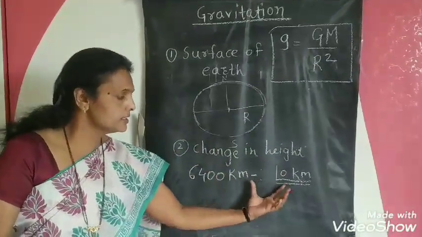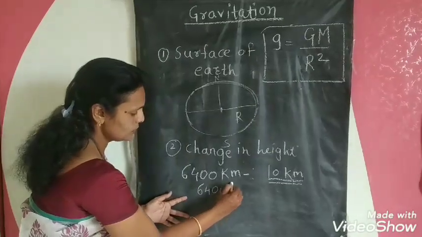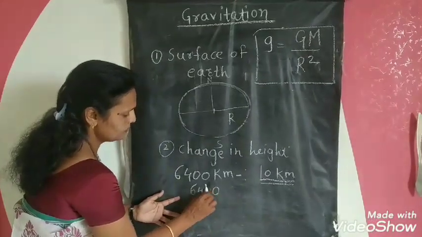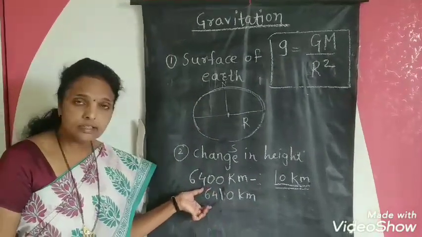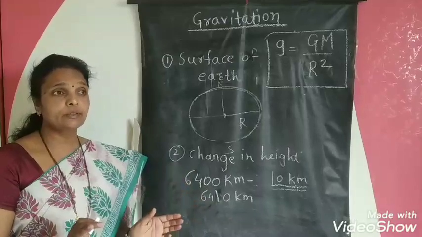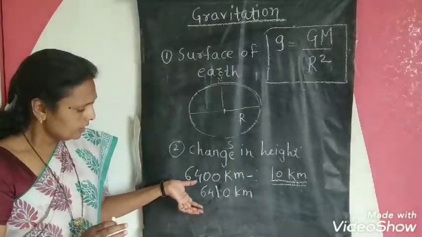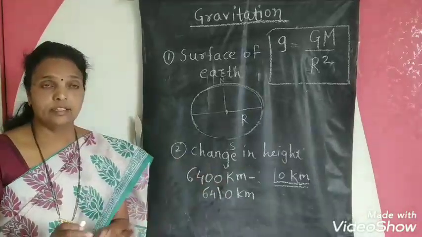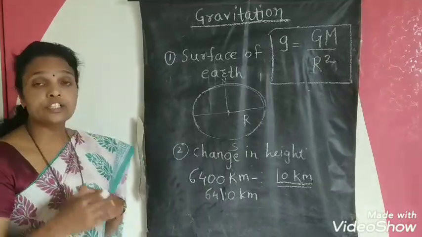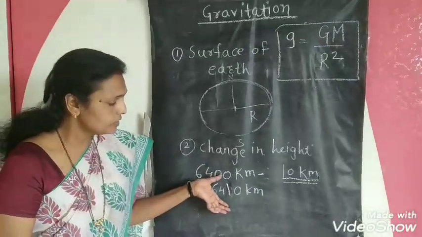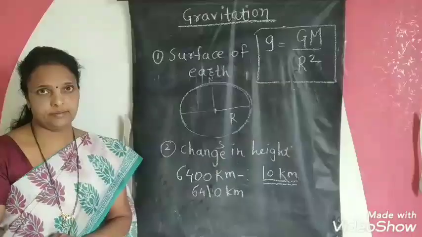If we add this, we get the value 6410 kilometer from the earth's center. But this is not much more, and the value of g is not different, meaning there is no change in the value of g. Why? Because this is not much height.